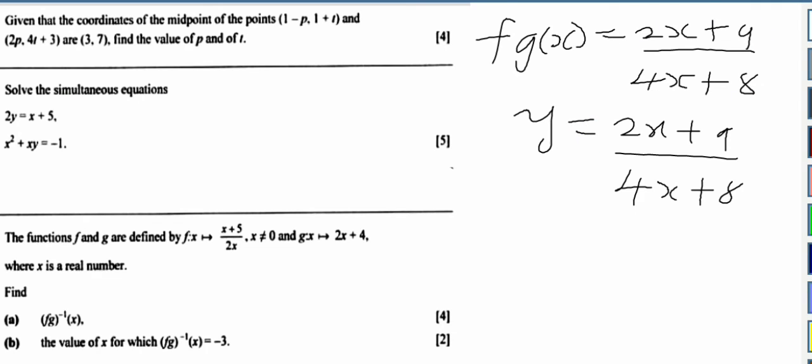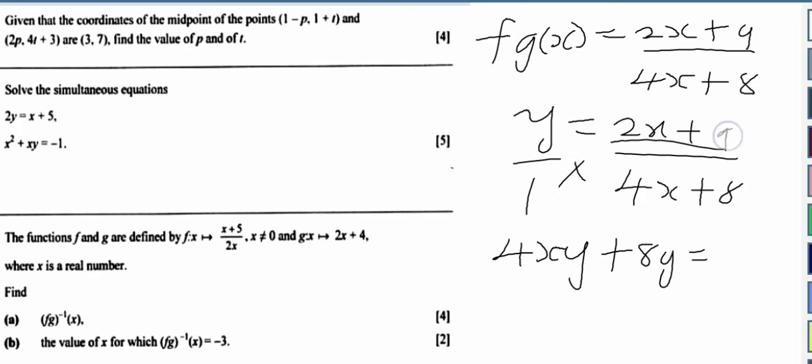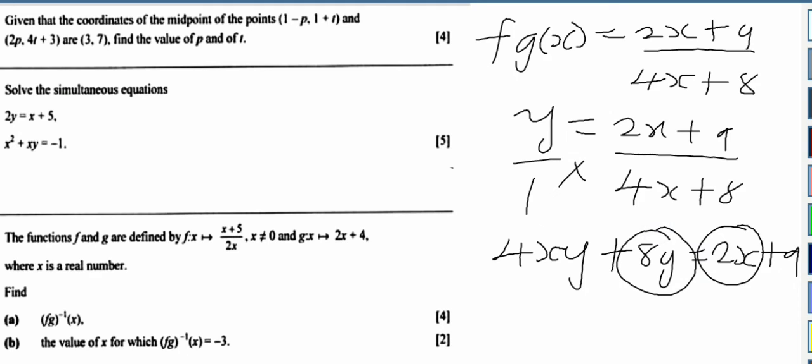Then from there I'm just going to balance this one by 1, then cross multiply. So y multiplied by 4x, we are going to get 4xy. Then y multiplied by 8, we are going to get 8y, being equal to these two. Then after that, I'm going to take this positive 2x to the other side, and also this positive 8y to the other side.